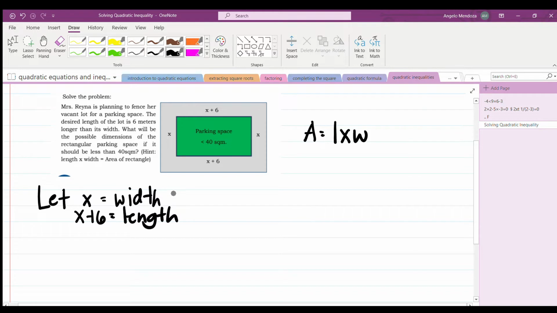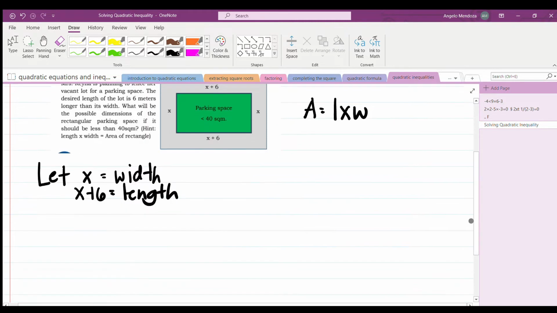So we're going to devise a working inequality here. We know that the product of the length and the width should be less than 40 square meters. So you have the width multiplied by the length is less than 40 square meters.